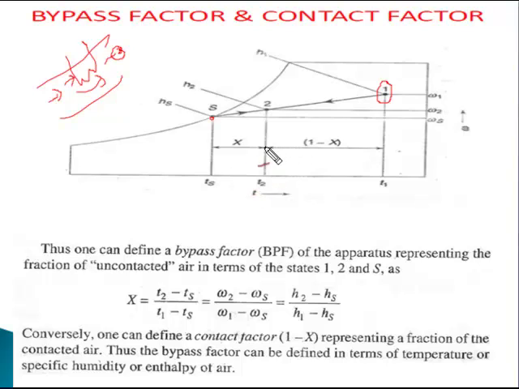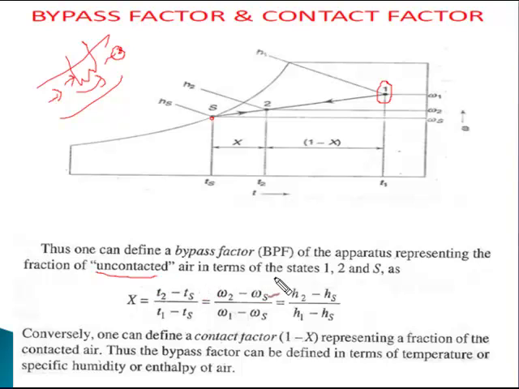Here X indicates the air which does not pass through the coil and 1 minus X represents the contacted air of the coil. So it is defined as the bypass factor of the apparatus, representing the fraction of uncontacted air.